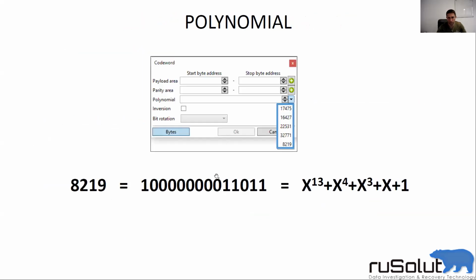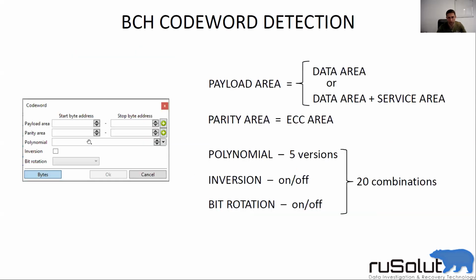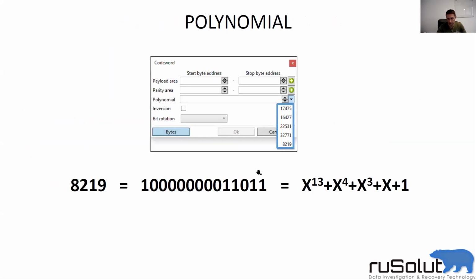Now polynomial. As I said, we have here 5 main versions of polynomial. Polynomial is a formula that is mostly used for BCH correction for NAND devices. And if you click on this drop-down menu, you will see that list of numbers, and one number represents one polynomial. That polynomial thing and BCH correction, it's quite complicated.